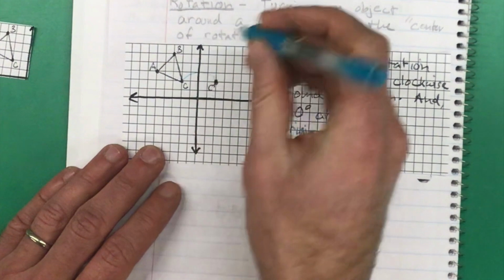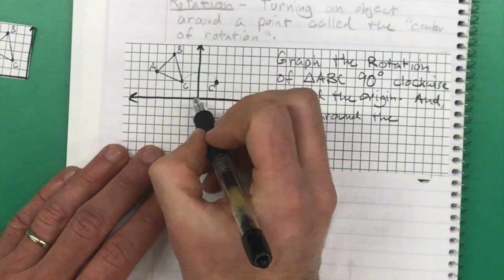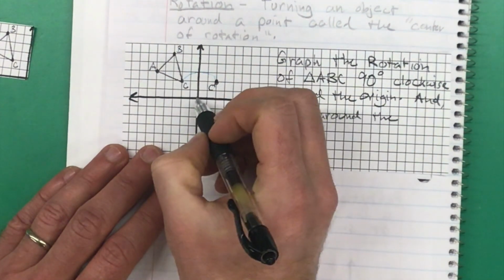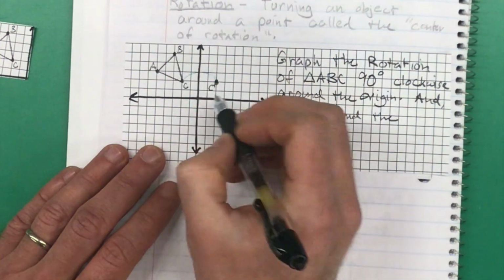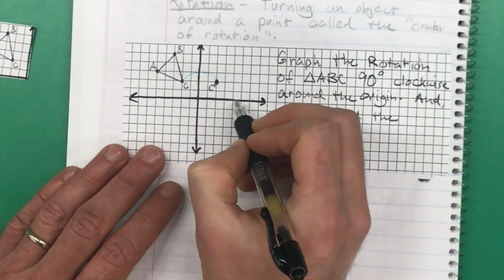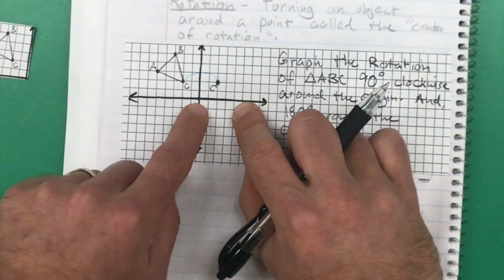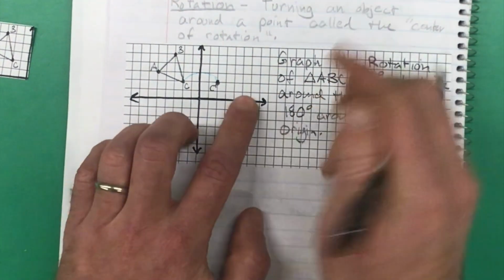So B is going to kind of come over here, and we will know that since it was -3, +5, we're going to switch. So x is going to become the y. So +5 x, 1, 2, 3, 4, 5. Now is our x, because that was the y. And then the old x was -3, and that's going to become +3 y.